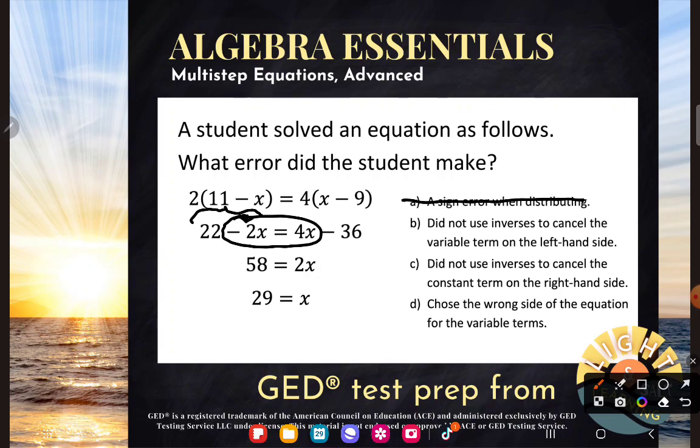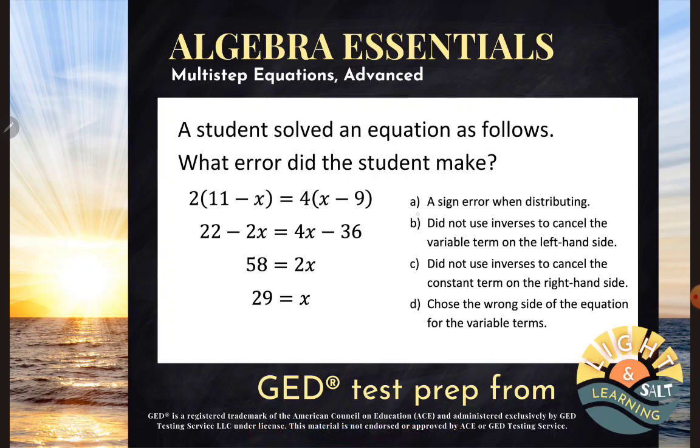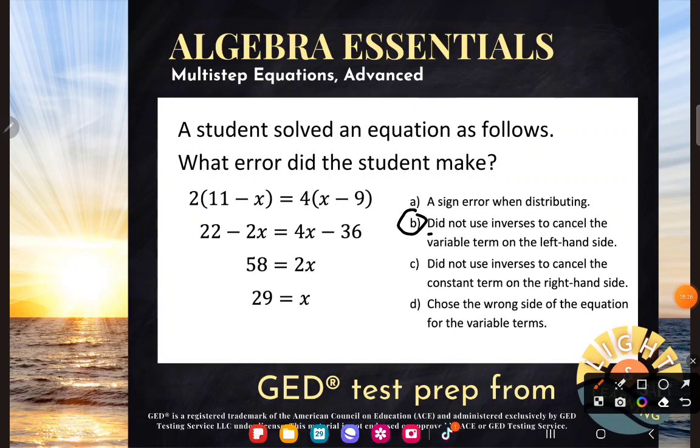Instead of doing plus 2x, it looks like they did 4x minus 2x. They didn't use the inverses. Why is it so important to pay attention to what side of the equal sign you're on? Because when you're on the same side, you obey symbols. But when you're on the opposite side and we want to move across an equal sign, that's when we use inverses or opposites. So B was that student's problem.